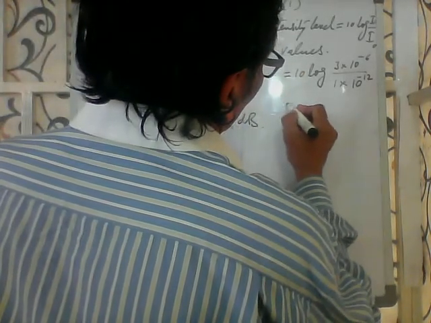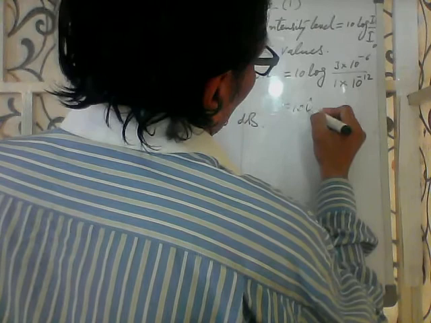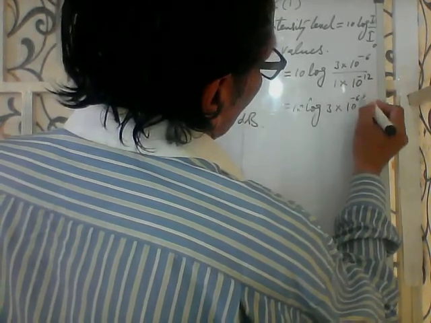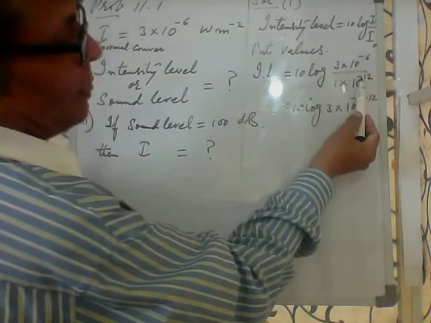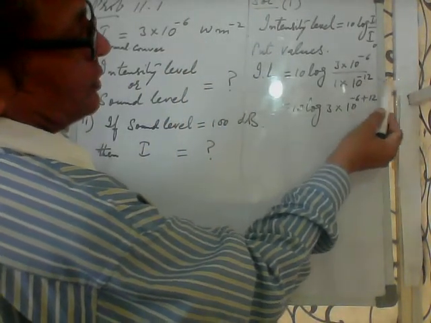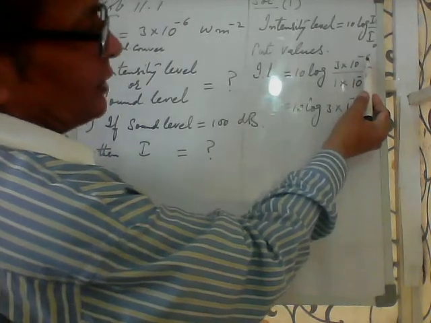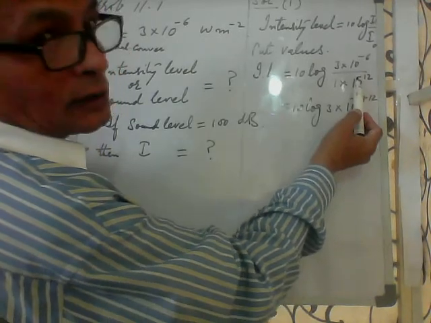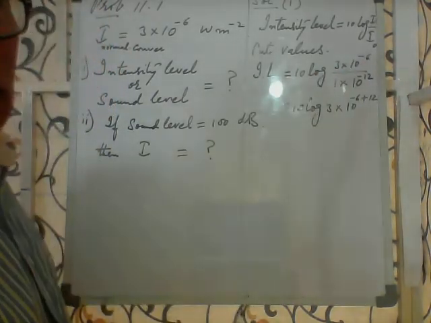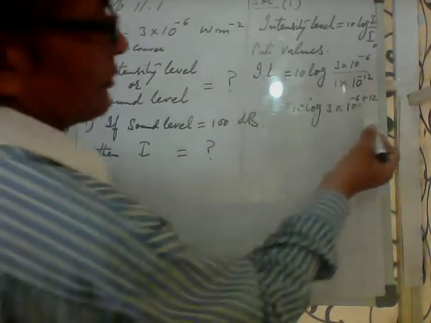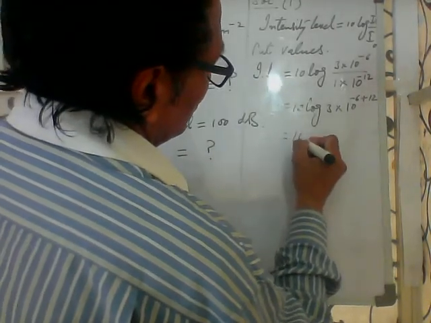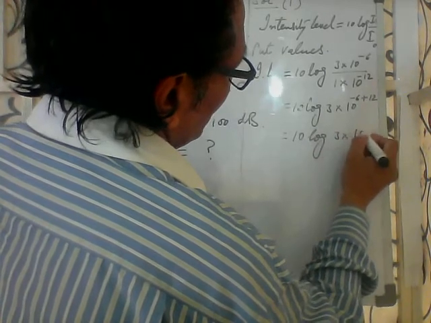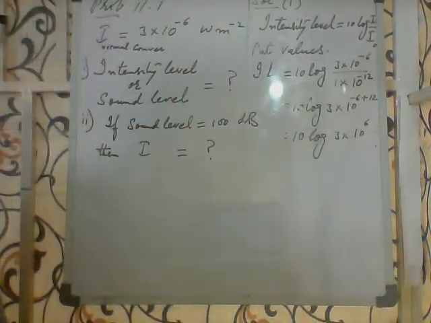So we get 10 log of 3 into 10 raised to power minus 6 plus 12. This is transferred in numerator. It was in denominator. When you transfer the powers in numerator, it becomes positive. So we get is equal to 10 into log of 3 into 10 raised to power plus 6.